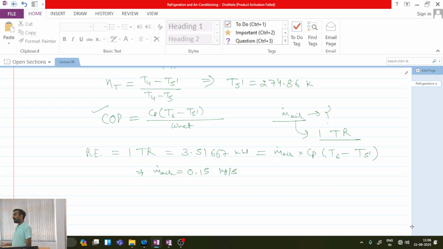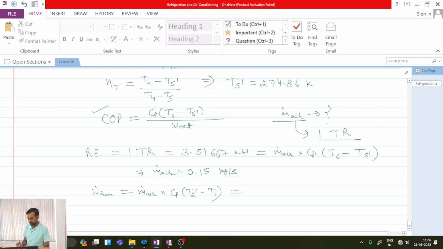So if I know the mass flow rate of the air, now I can calculate ram work, compression work and turbine work. How much will be the ram work? Please tell me. What is the ramming process? 1 to 2, and the actual process is 1 to 2 dash. So mass flow rate of air into Cp into (T2 dash minus T1) will be my ram work.